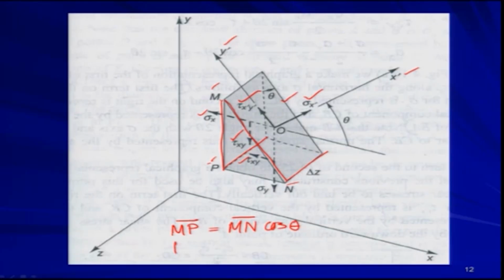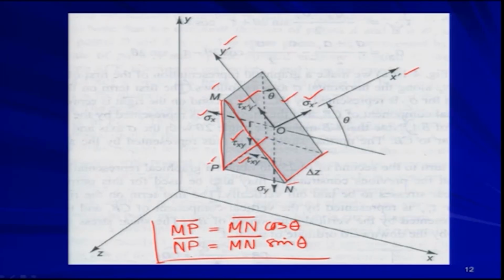Similarly, NP is MN sin theta. These two relations are coming from the geometry of the wedge, which we considered in the previous class. So, in place of MP we put MN cos theta, and in place of NP we put MN sin theta, from simple geometry.